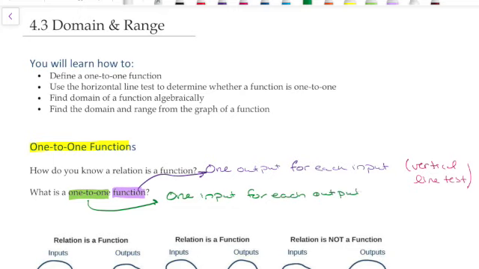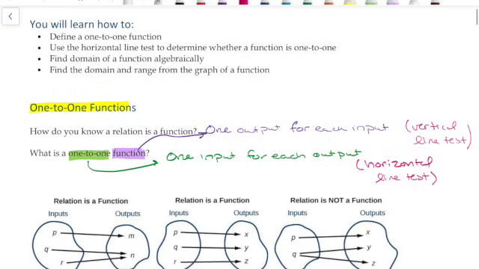Compare and contrast that to what I wrote in purple. Okay, so there's one input for each output. There's one x value for every y value. So this we can use what we call the horizontal line test. All right, so we'll come back to that here in just a moment.